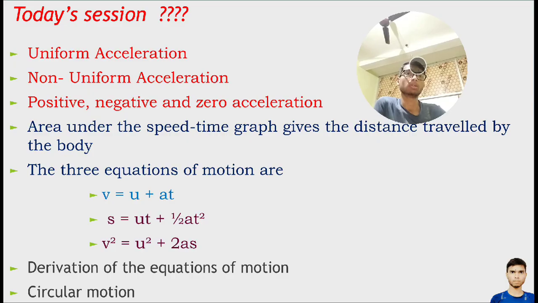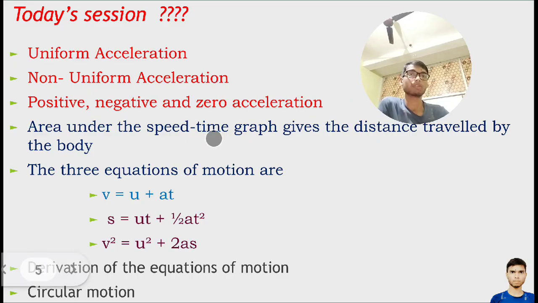Now we came to the main discussion that we wanted in this lecture. In this lecture we will understand uniform acceleration, non-uniform acceleration, and positive, negative and zero acceleration. It will be interesting for you. Area under the speed time graph gives the distance traveled by the body. The three equations of motion are v is equal to u plus at, s is equal to ut plus half at squared.